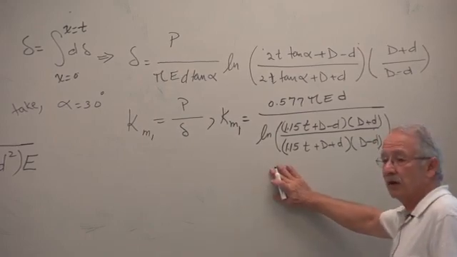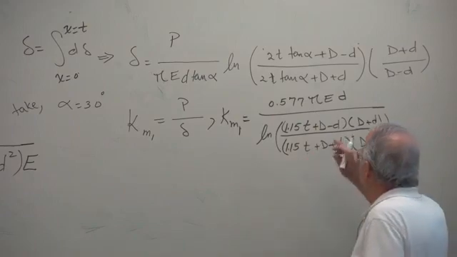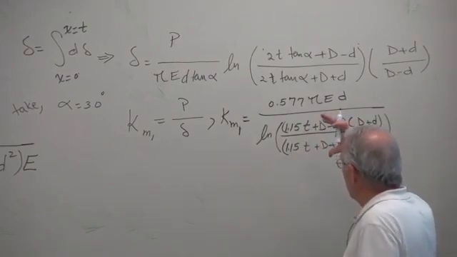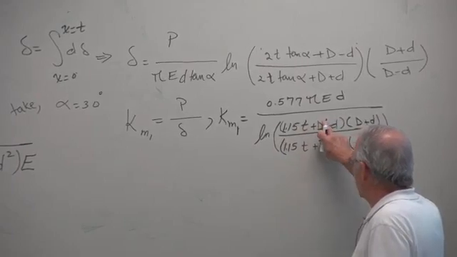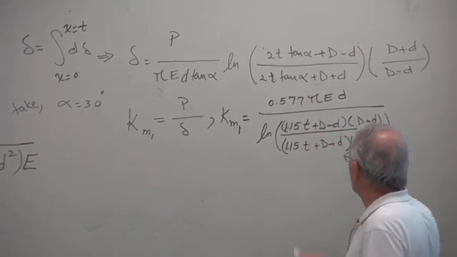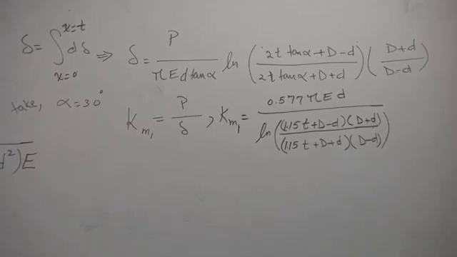That's the equation we find for the stiffness of the member. And notice that the thickness of the frustum is T, the large diameter is D, the diameter of the bolt is little d, and E, of course, is the modulus of elasticity.